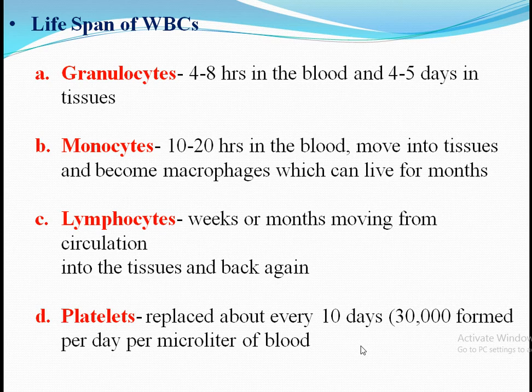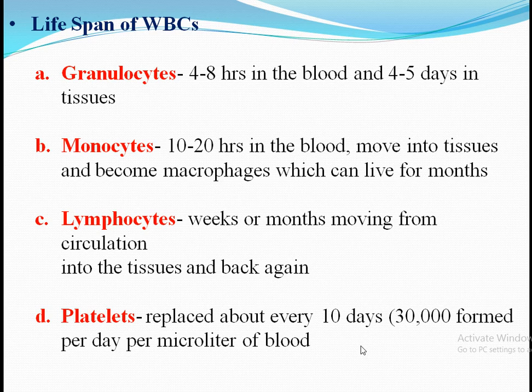The lifespan of WBC has different phases and different durations. For granulocytes, 4 to 8 hours in the blood and 4 to 5 days in the tissues. For monocytes, 10 to 20 hours in the blood. They move into tissues and become macrophages, which can live for months.